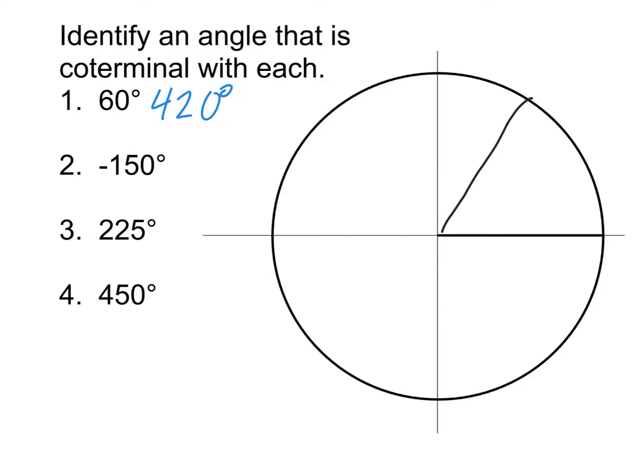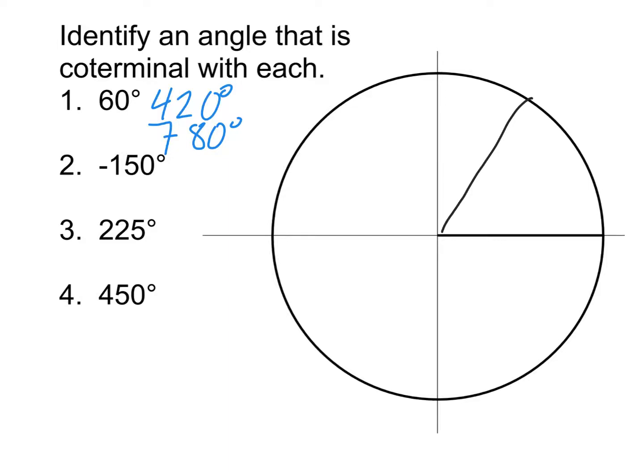Now I could also add 360 to that and still get a coterminal angle. So for instance, 420 plus 360 would give me 780 degrees. That would also be considered coterminal because I just kept going around the circle. Now, in that example, I was going around counterclockwise, but we can also go around the other way as well.